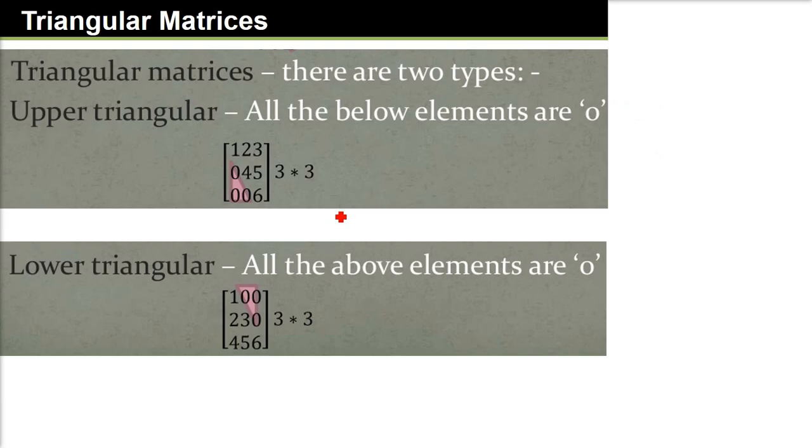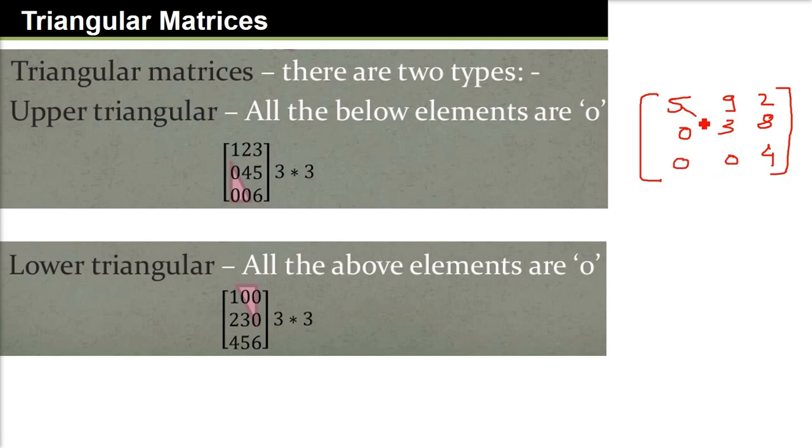Please remember, everything is related to the diagonal. There will be elements in the diagonal. For example, I am making this 5, 9, 2, 3, 8, 4. Okay. So this is one triangle, and here I am writing 0.